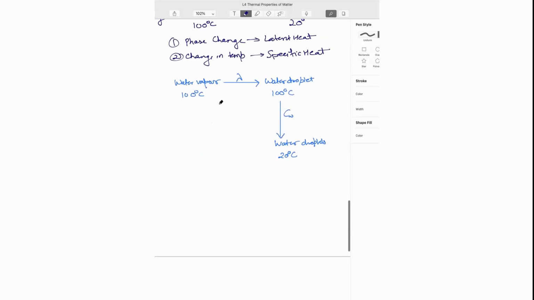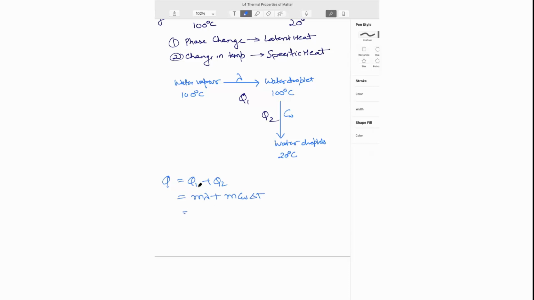So net Q is Q1 plus Q2, that is M into lambda plus M C dT.